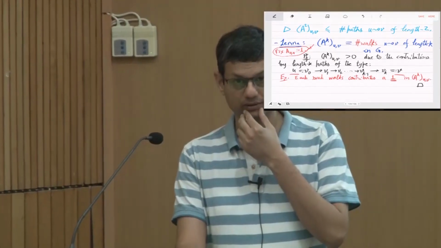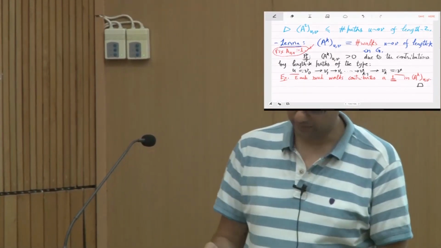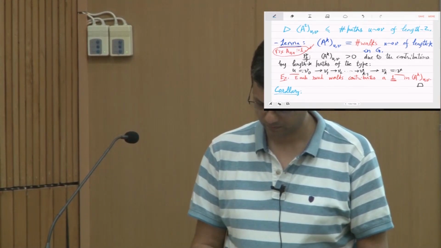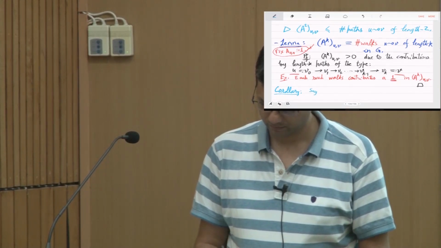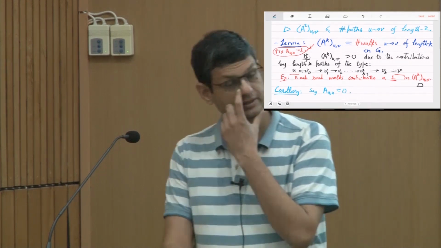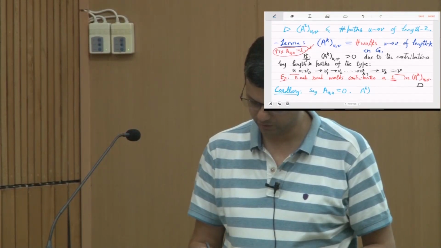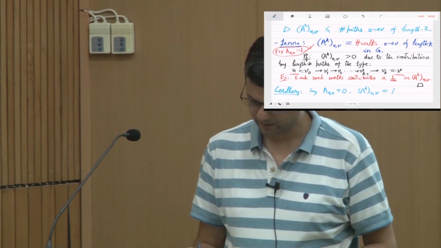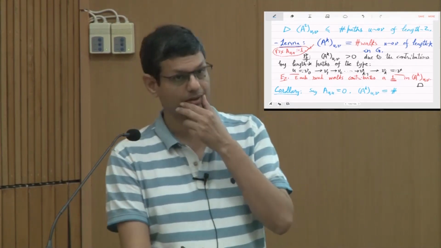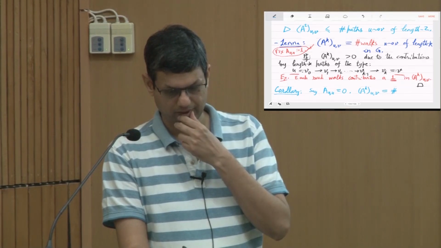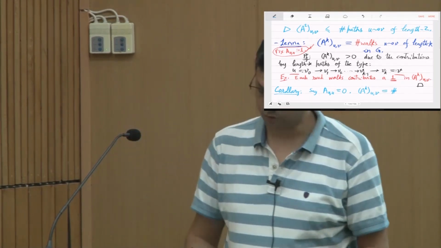So what happens if we don't fix this? Say all these diagonal entries are 0, then what is the interpretation of A raised to k u comma v? It is the number of what? The number of walks or paths?